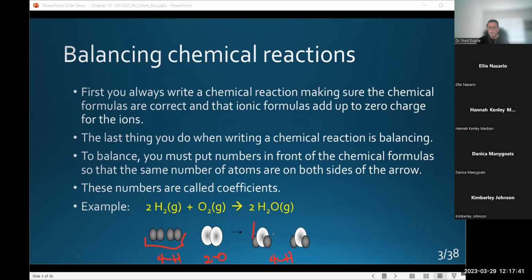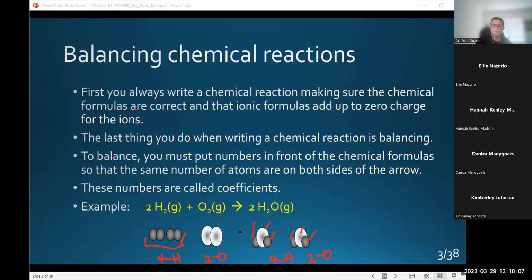There's 1, 2, 3, and 4. And we have 2 oxygens in the form of water. So we have a balanced chemical reaction. They went from the elemental state, hydrogen and oxygen, to a compound state. Okay. All right.